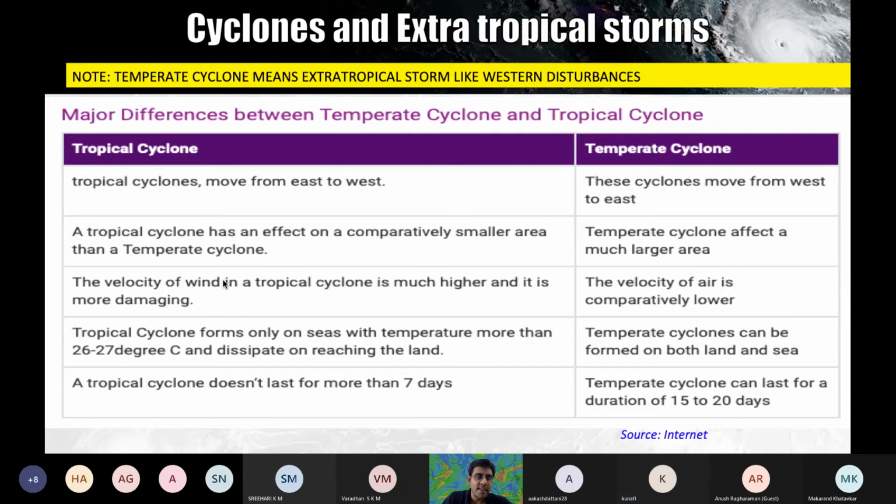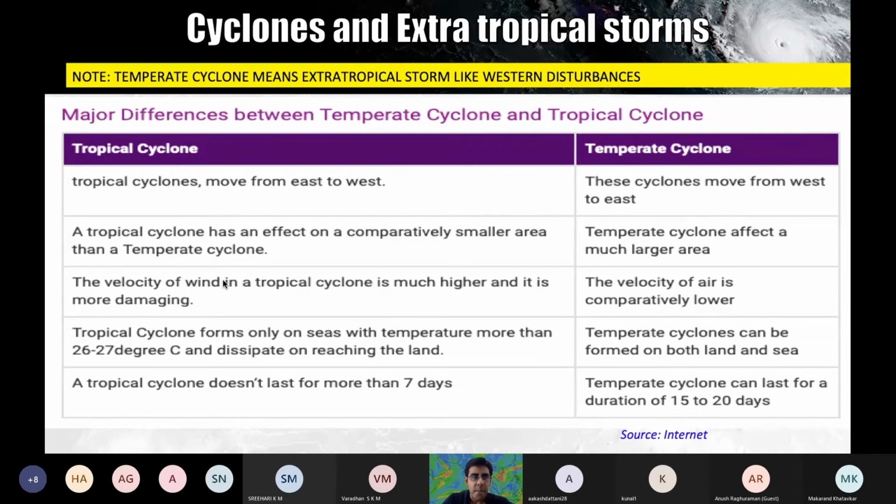Generally, when tropical cyclones move, they move from east to west, and as they are moving from east to west, they have a tendency to make a northward track as well, due to the presence of ridges, which I will talk about when we talk about cyclones. So if you track any cyclone, it starts as an east to west movement, and then it may track up north as well.